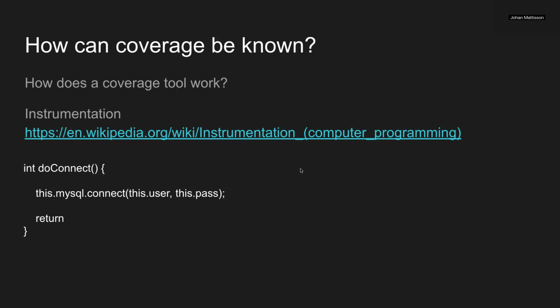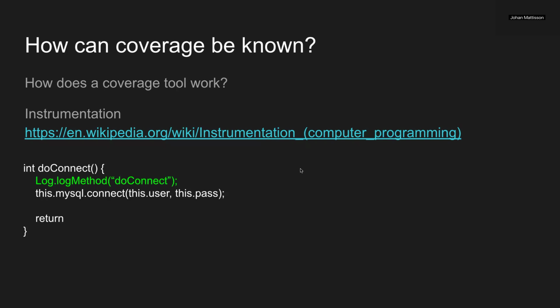If we have a function like doConnect here, for example, with a connection to MySQL it looks like, and then a single return of some sort, and we want to test that this method was run, we do some sort of log statement. Some of you probably recognize how to do this. If you try to debug, did my program run here, you put out a debug statement. It's the same principle on how these things work.